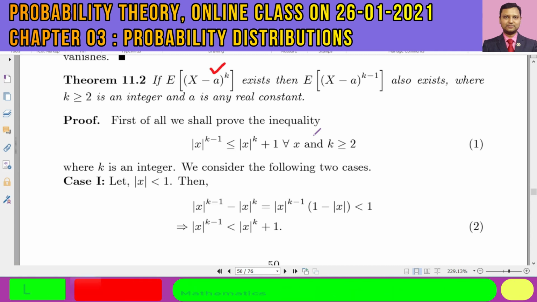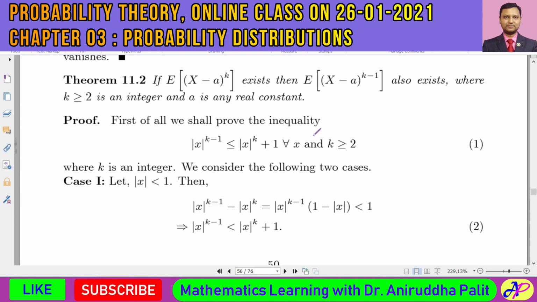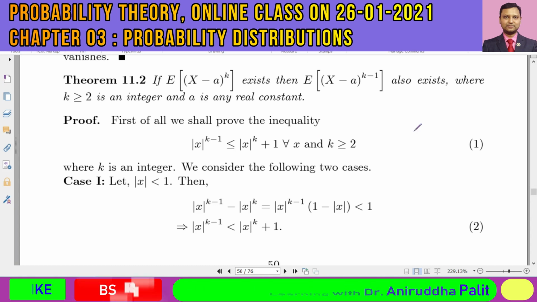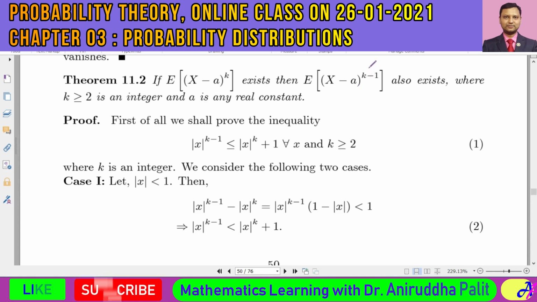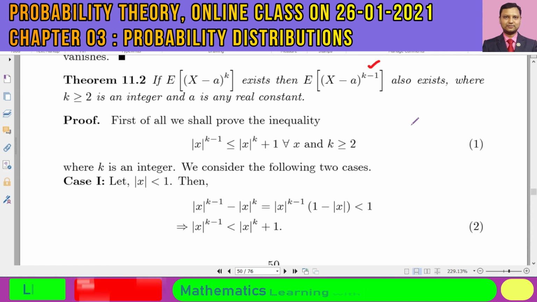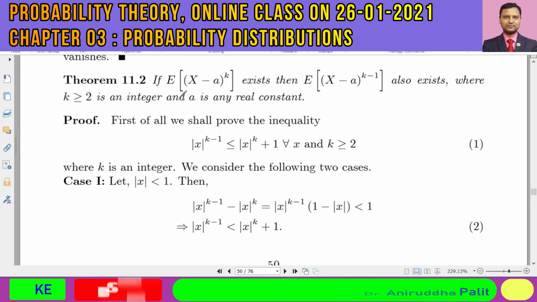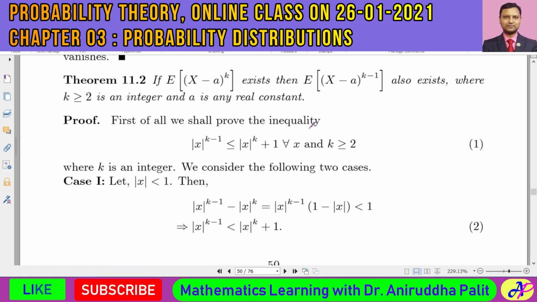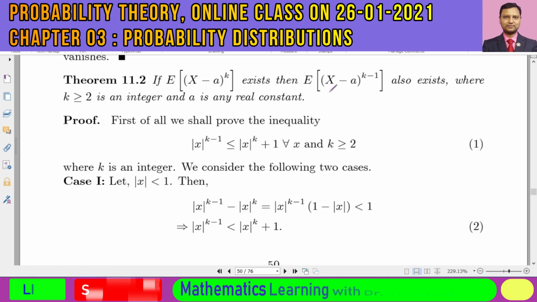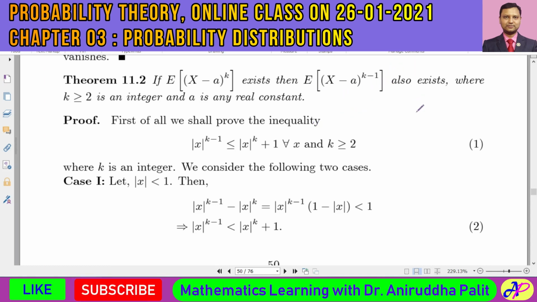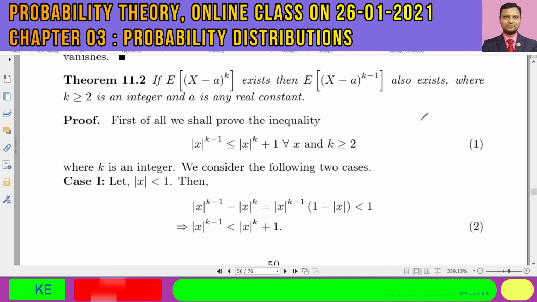We are going to show that the existence of this kth moment implies that the lower order moment of order k minus 1 also exists. That is, if expectation of (x minus a) to the power of k exists, then expectation of (x minus a) to the power of k minus 1 also exists.